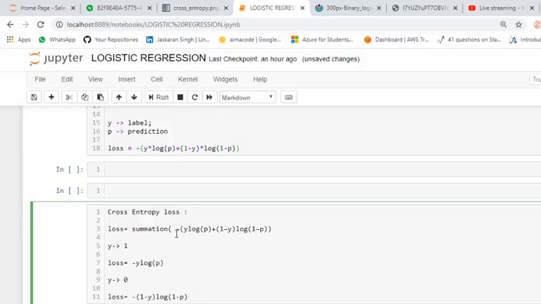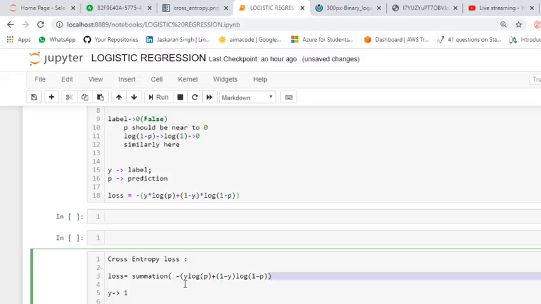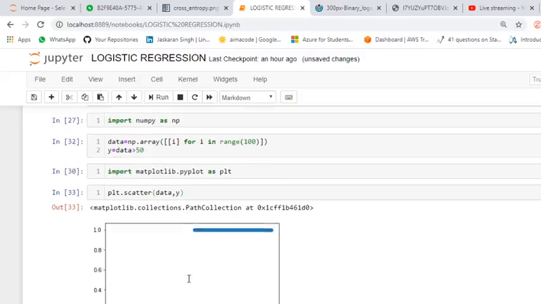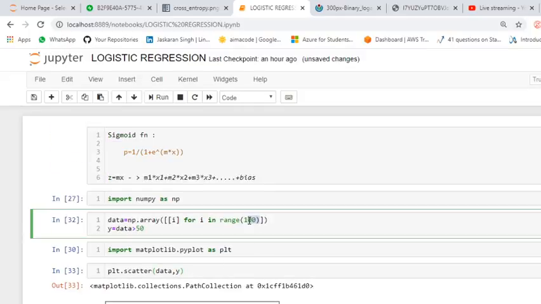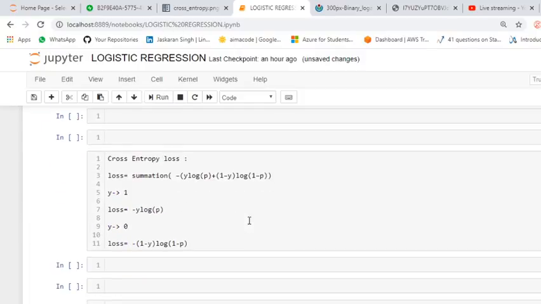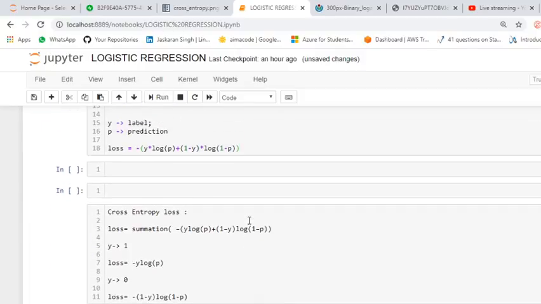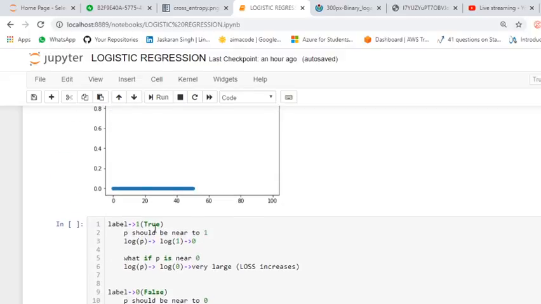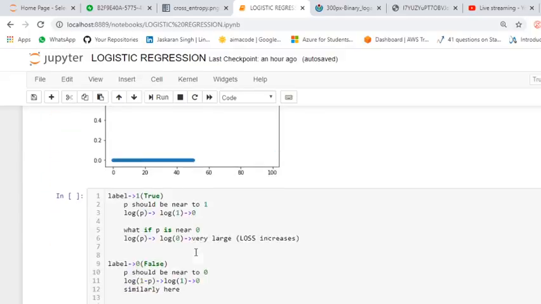So cross entropy loss is basically the same loss that we've discussed so far. Here i represents one data point. Like here we are given 100 data points, so we evaluate this function for every data point and then add all the losses to get the final loss function. Now this is the loss function.